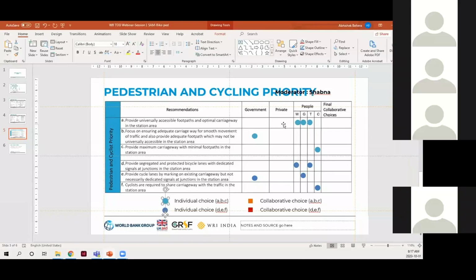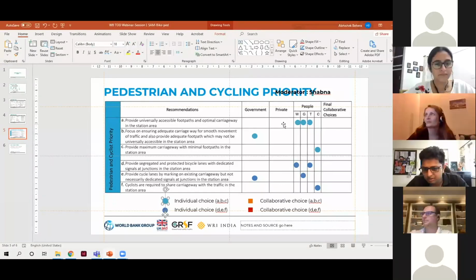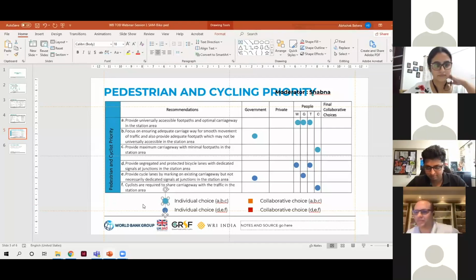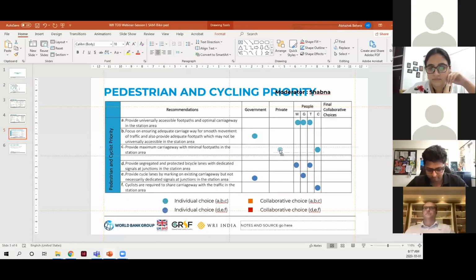Or Rajiv, do you want to be the? No, either Shabna or Prerna maybe. Okay, so I'm going to jump in. This is Prerna. As a private developer, my only objective is to do just the minimum possible, just the bare minimum requirement.